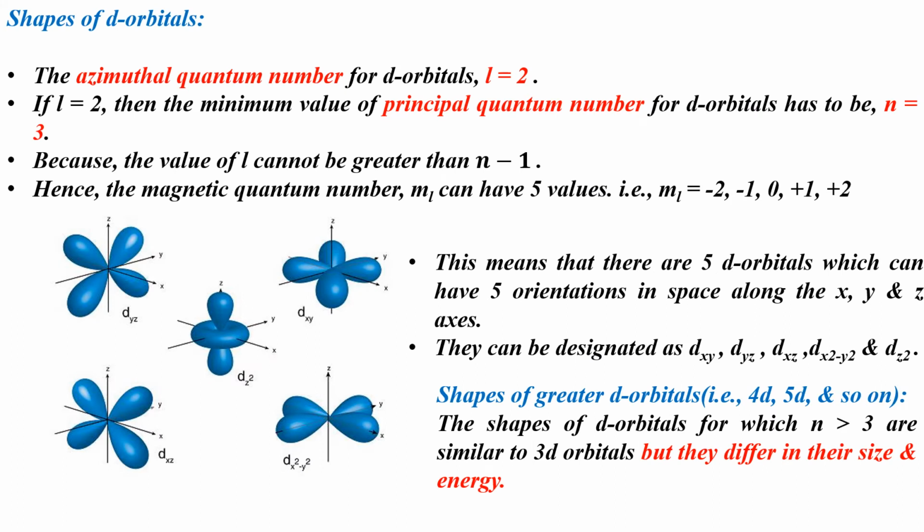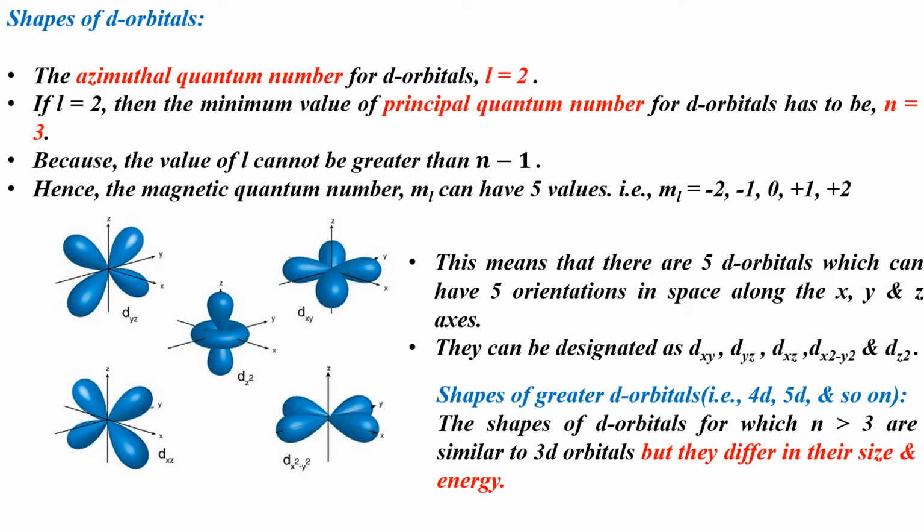Now, what about the shapes of d orbitals? For d orbitals, the value of azimuthal quantum number L is 2. If L is 2, then the minimum value of principal quantum number n for d orbitals has to be 3. So this makes it clear that you can find the existence of electrons in d orbitals only from the third shell onwards.